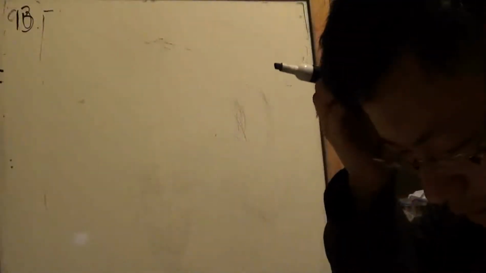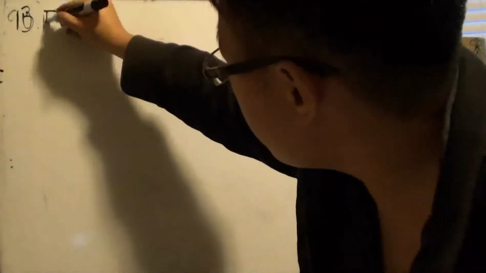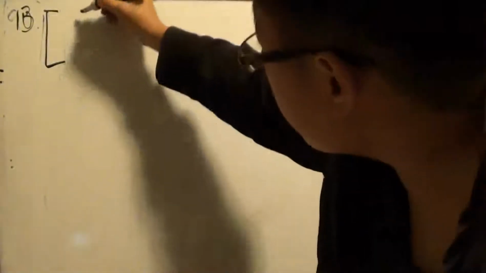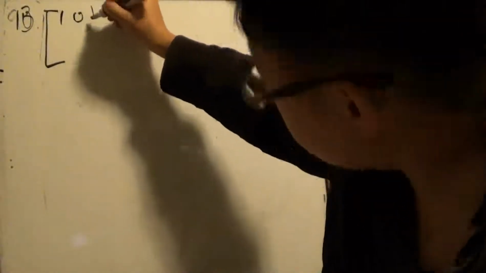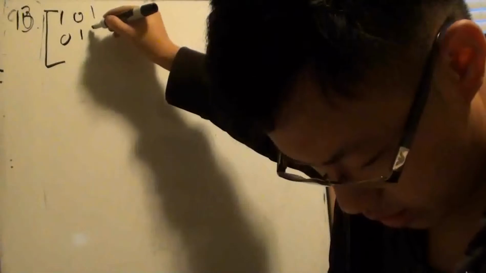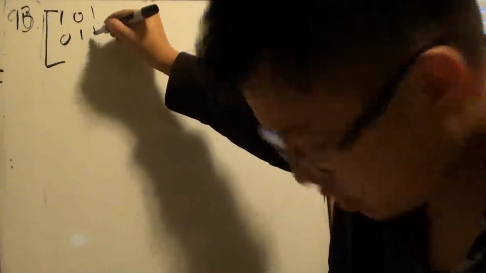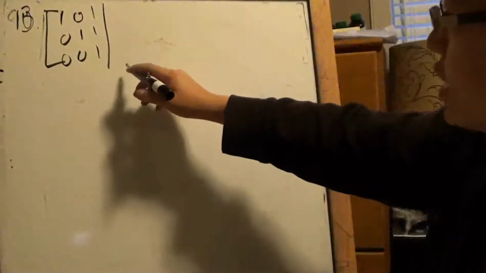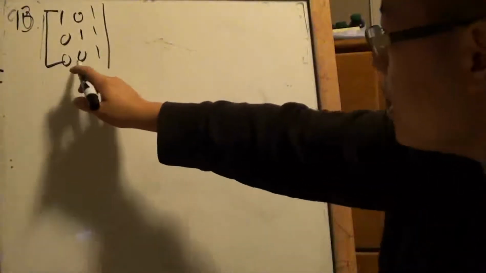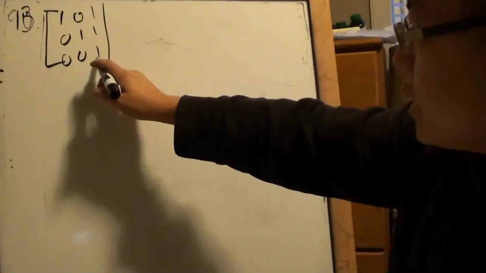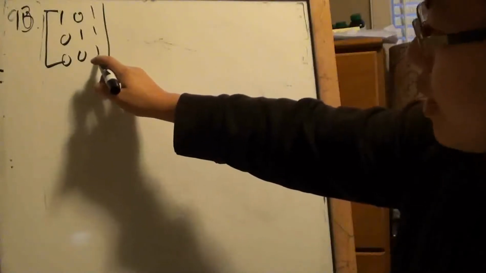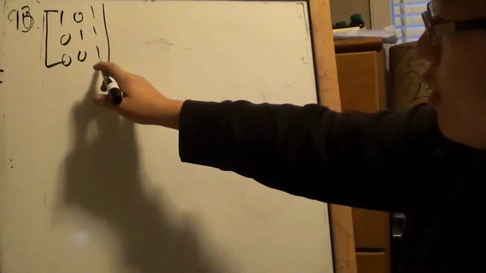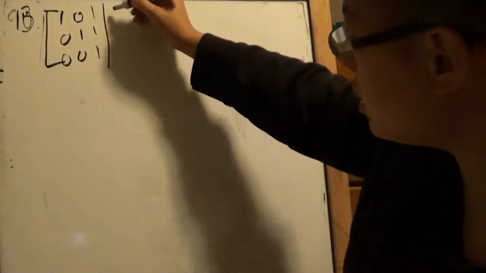Actually, no, I can just read what I wrote. So after that, it's going to be 1, 0, 1, 0, 1, 1, 0, 0, 1. So for people who are just watching rather than writing down, don't panic. All I did was there was a negative 2 here, so I just divided by negative 2 to get a nice leading coefficient of 1 there.